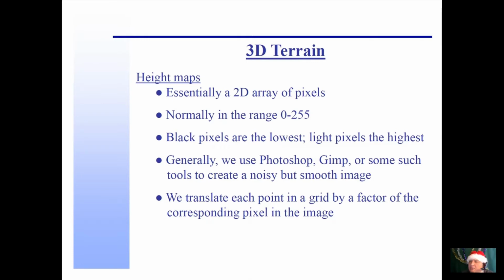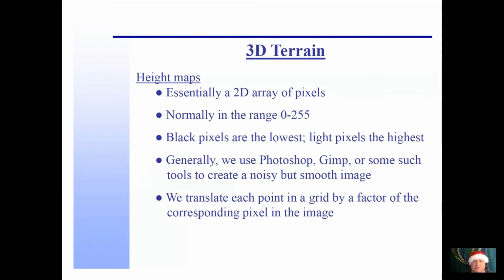So, what is a heightmap? A heightmap is essentially a 2D array of pixels. Quite often, a heightmap will be represented by a bitmap image. It's a 2D array of pixels, normally in the range 0 to 255.